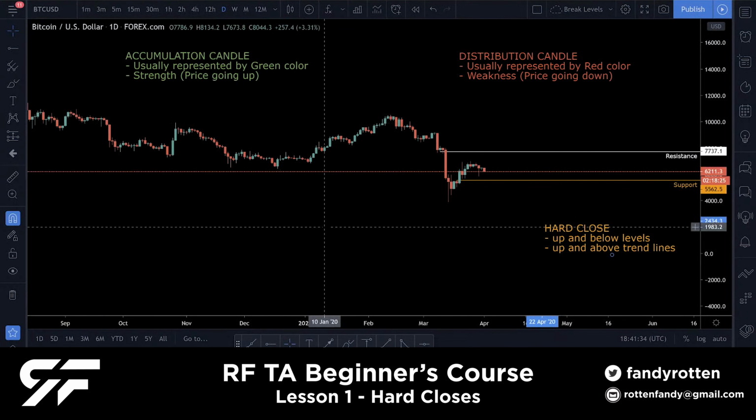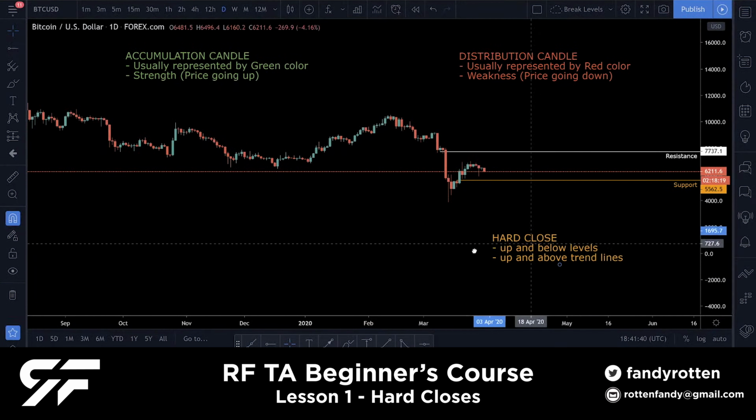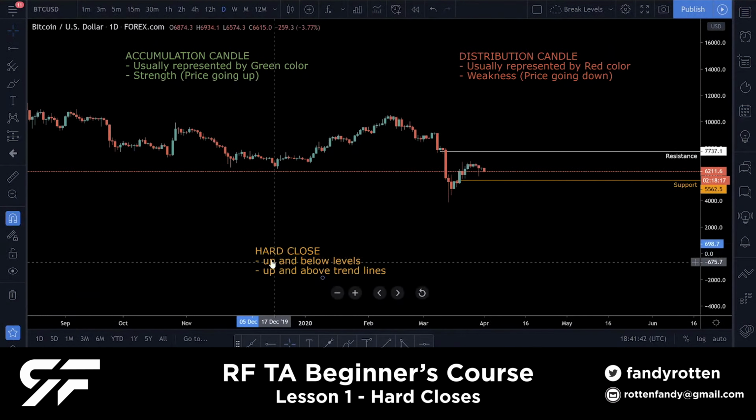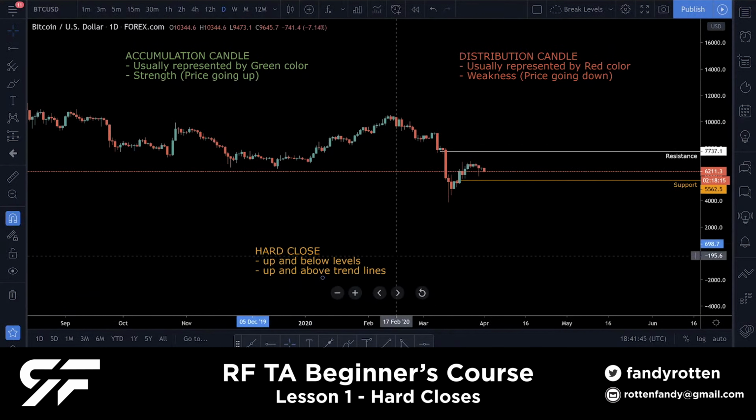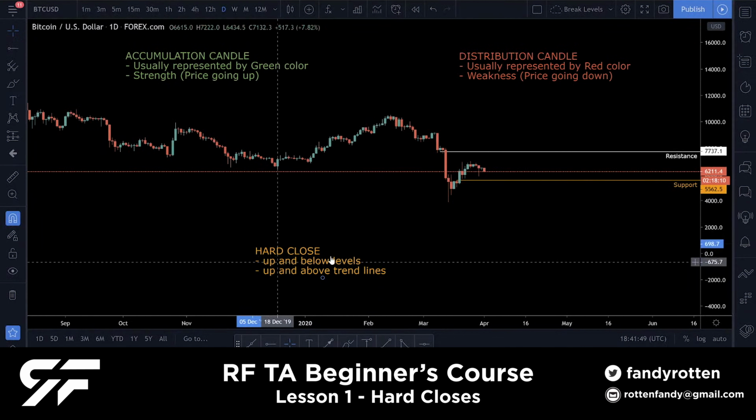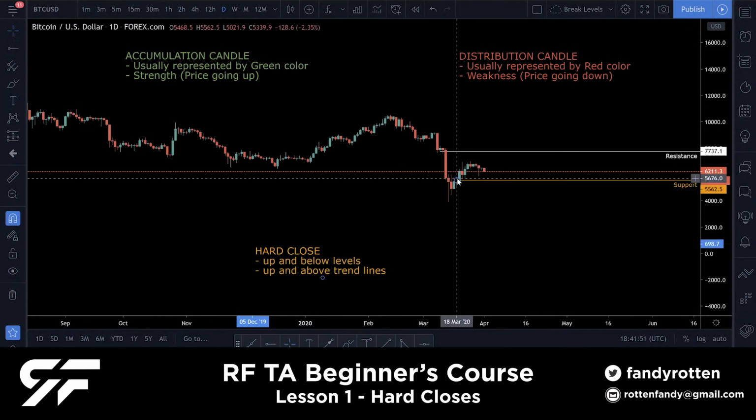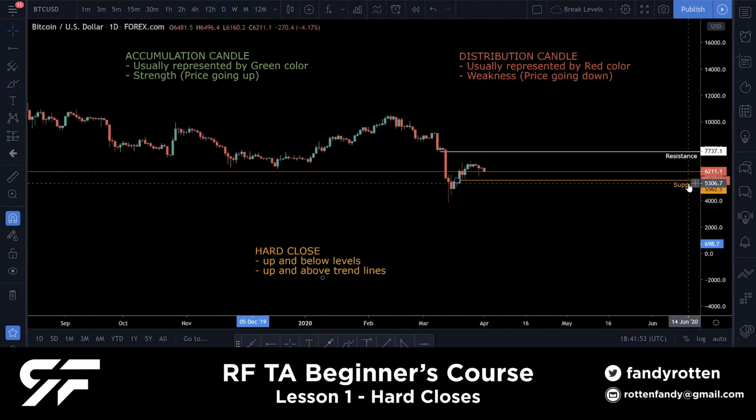Now, there's another phenomenon that I want to talk about in this video, and that is hard closes. We have two types of hard closes. One is above a particular level or a trend line, and the other is below. Let's go one by one. Let's say we have marked out a support level over here.